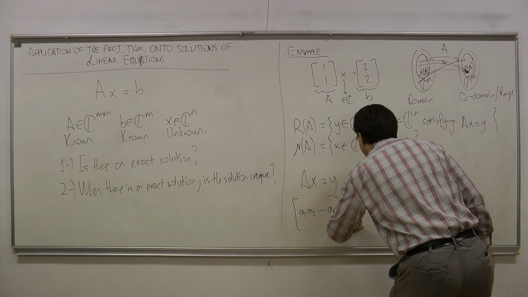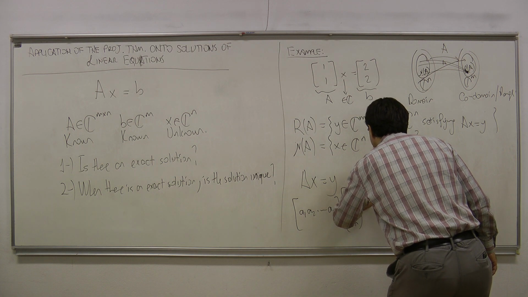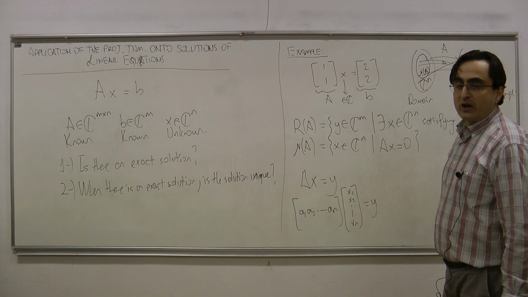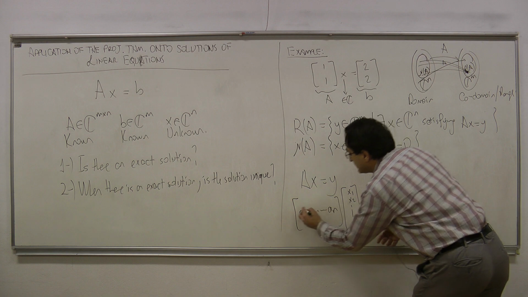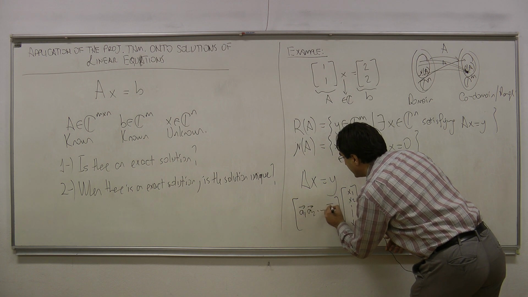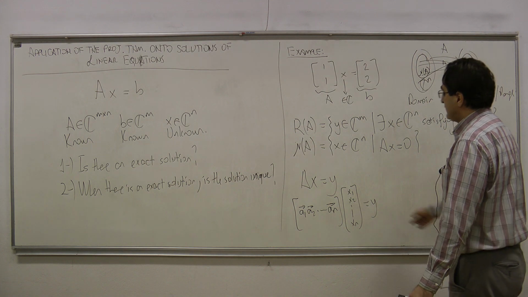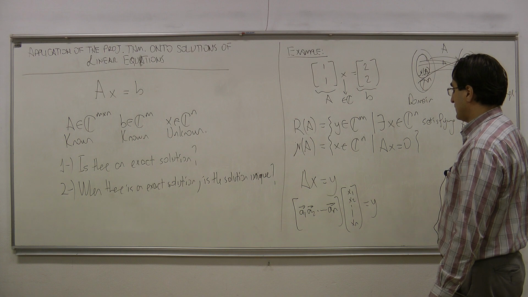And X is given by these coefficients, X1, X2, Xn. Then this has to be equal to Y for a Y to be inside range space. These are the column vectors of A. And this is the condition for any Y to be inside the range space.